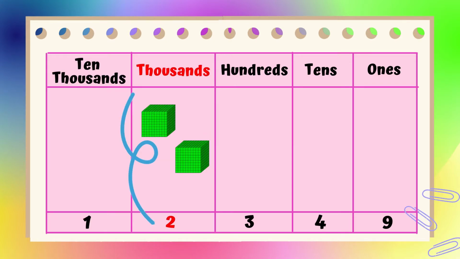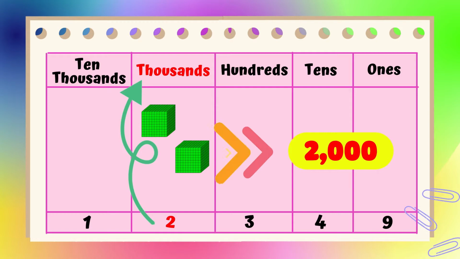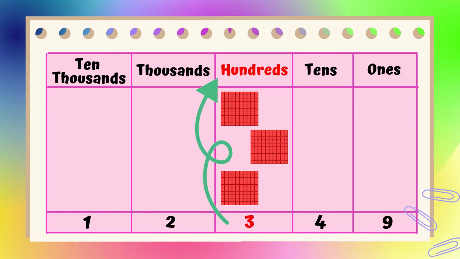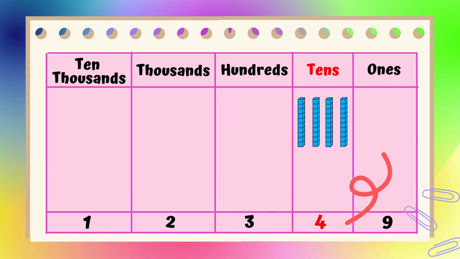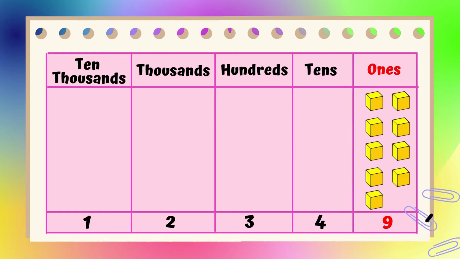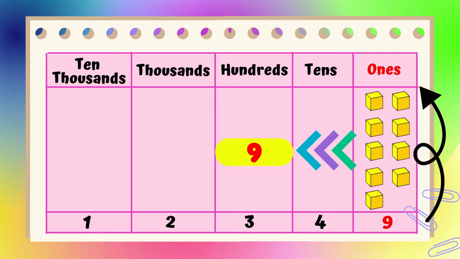The place value of 2 is in the thousands place, which has a value of 2,000. The place value of 3 is in the hundreds place, which has a value of 300. The place value of 4 is in the tens place, which has a value of 40. And the place value of 9 is in the ones place.